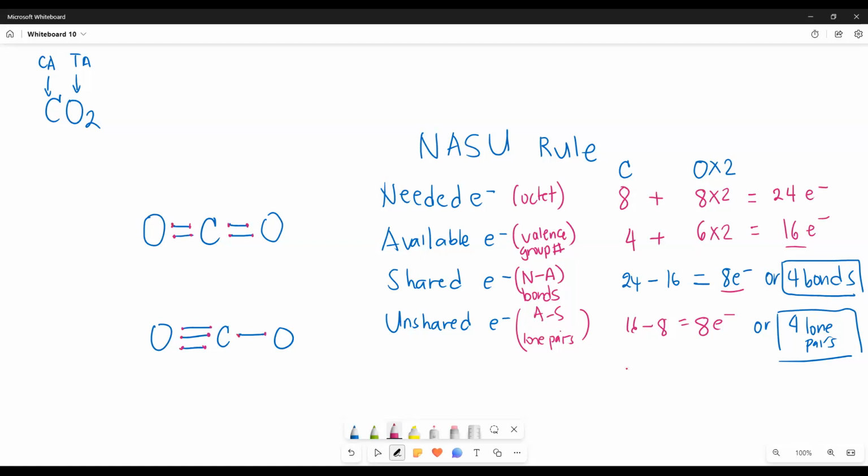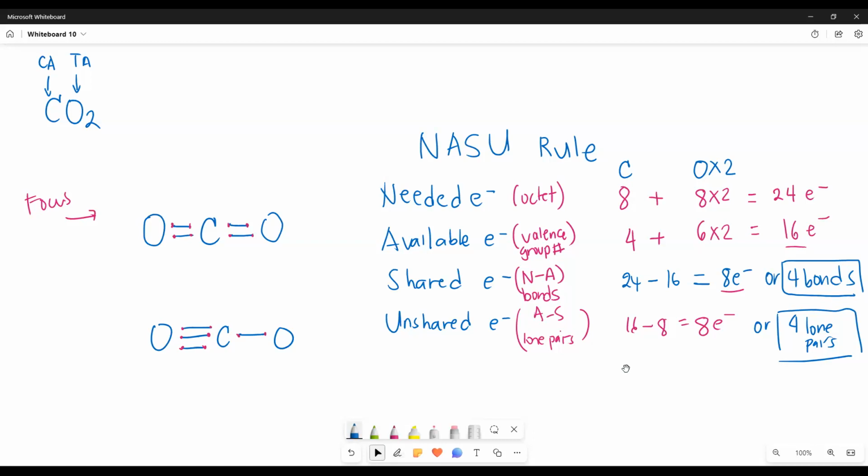So let me focus on this one. Here's the thing. The molecule is almost complete, but I still have to show the lone pairs. I have already given the bonds, so the atoms are connected now.